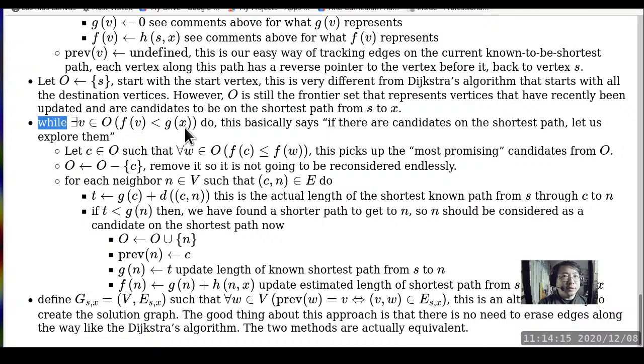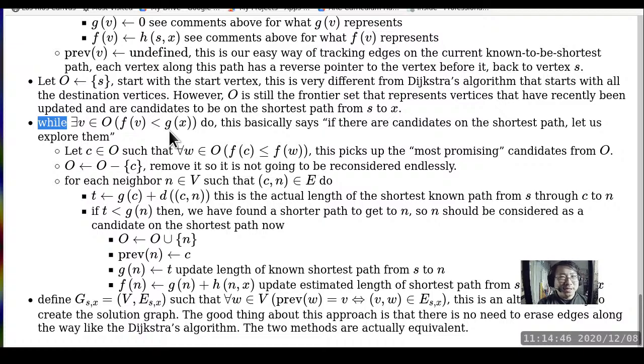Now, I have to emphasize currently known, which means it may not be optimal. It's just that based on the search up to this point, this is the best path that we have found from the starting point to the destination. So we are now saying that at least one vertex in O needs to have an F value that is less than the length of the currently known shortest path to the destination.